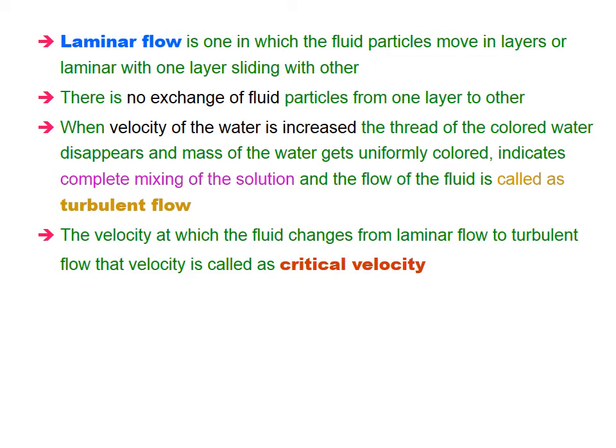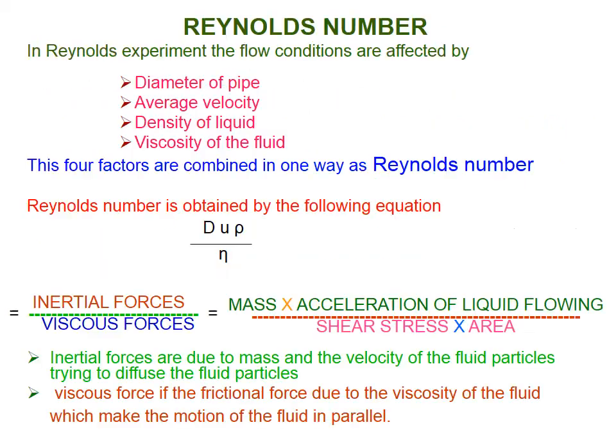The velocity at which the fluid changes from laminar to turbulent is called critical velocity.